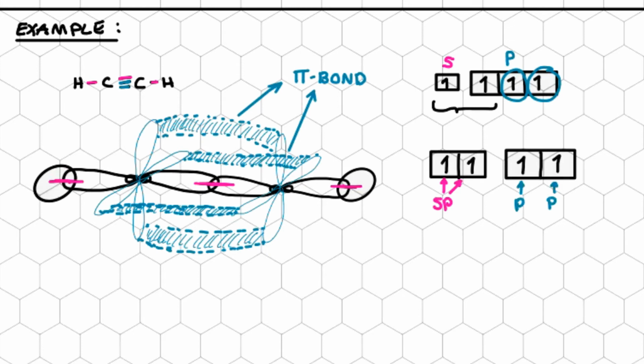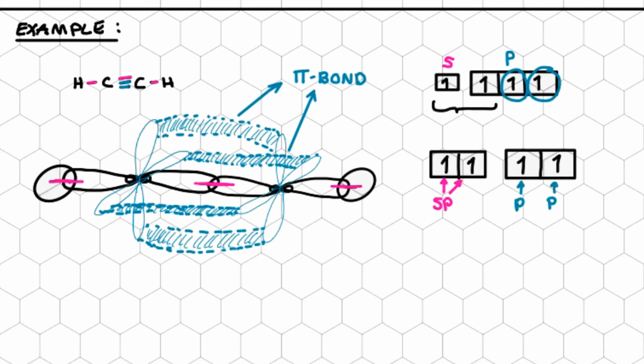So in order to identify the hybridization of each atom in a full molecule, what you need to consider is the number of sigma bonds. So if a carbon or any other atom has only single bonds around it, like 4 single bonds, that means there are 4 sigma bonds. So there is no p orbital hanging there. So basically it is sp3.